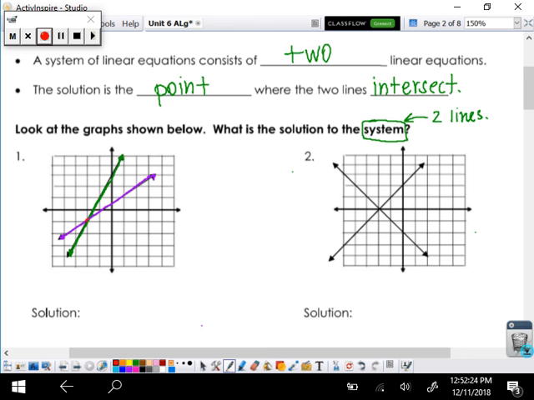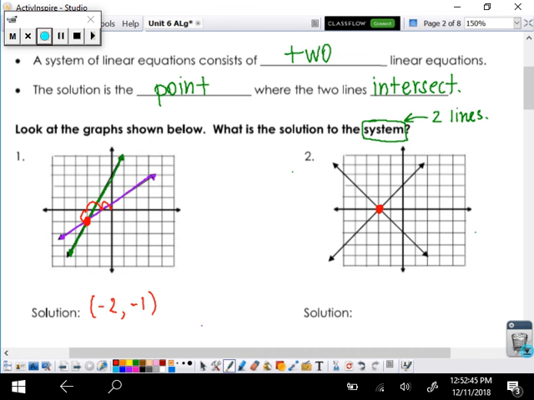Where are they intersecting? Oh, at that point. That point is -2, -1. So that is our solution, -2, -1. You don't have to do all that highlighting, all that coloring, just pointing it out to you. Okay, so number 2, let's do this one just by looking at it.